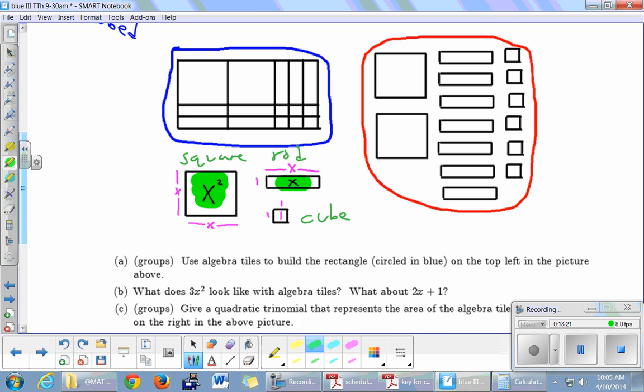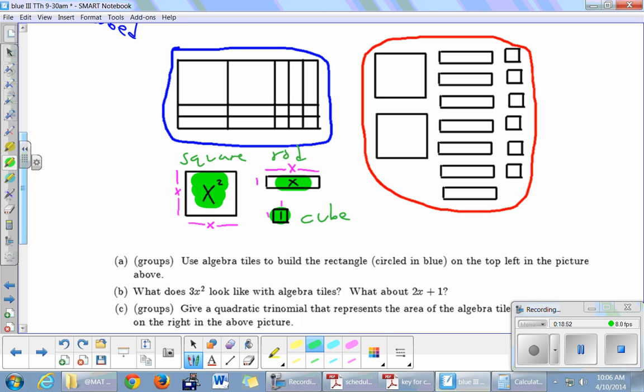I'm going to highlight some stuff here. These are the things that we are referring to. Whenever we name something, it's going to be those things inside the pictures. So if we want x squareds, you have to use the square things. 3 of the square things. We can't use the green guys because the green guys are just ones. So if I want 3x squared, I'm literally grabbing 3 of these squares.